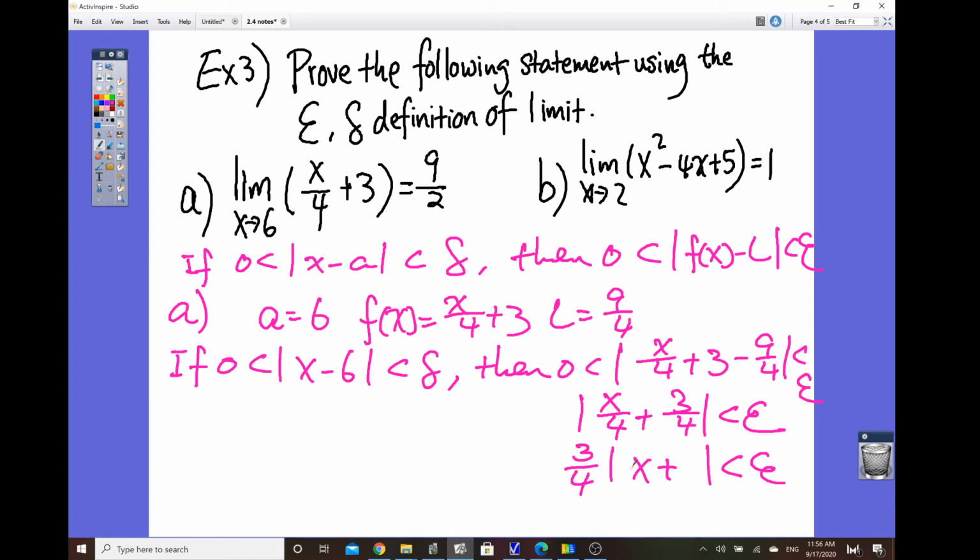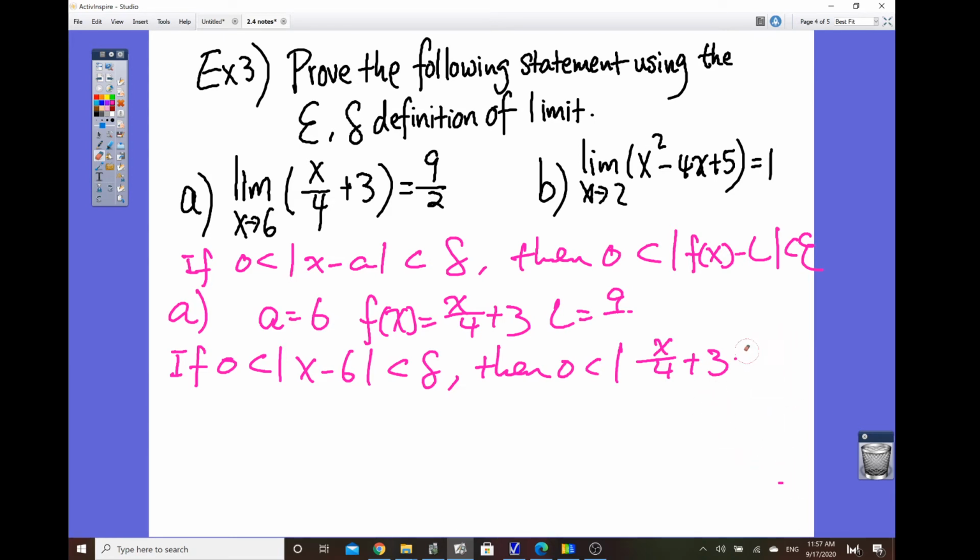Okay, this looks like we're going to end up with a different structure. Oh, you know what? I think I put in something wrong. L is actually 9 over 2. Excuse me, let me fix that. That's why you end up with something completely different. I apologize for that.